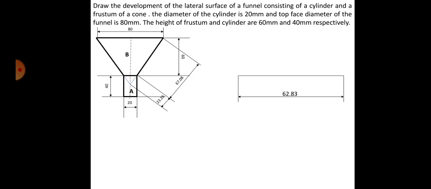So when I open it, what will be the length? How do you get that length? It is directly written here, I mean, the dimension has already come here. It is 62.83. But how did you get that 62.83? When you open that, you should be getting 62.83. How? So what is that length equal to?